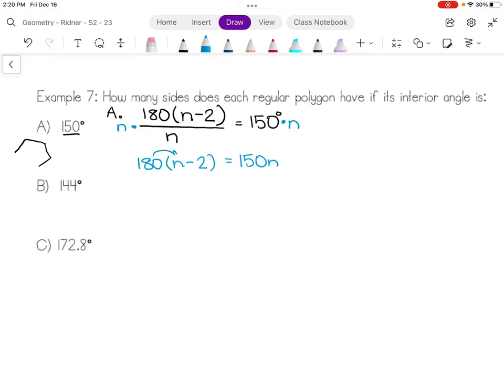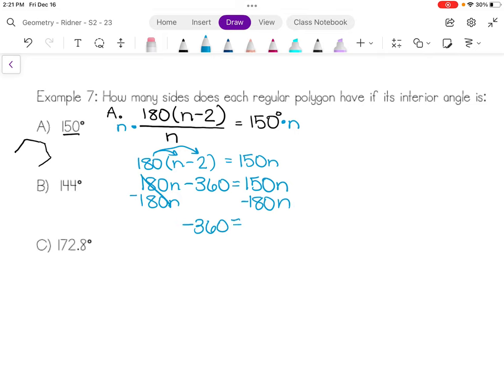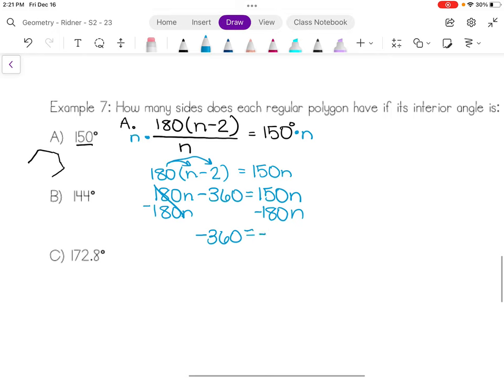All right, then you're going to distribute. So you have 180n minus 360 equals 150n. Then you're going to subtract the n to make it go to the other side here. And you're going to get negative 360 equals negative 30n.